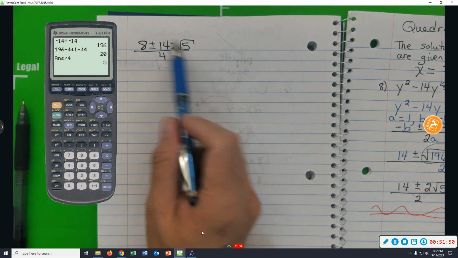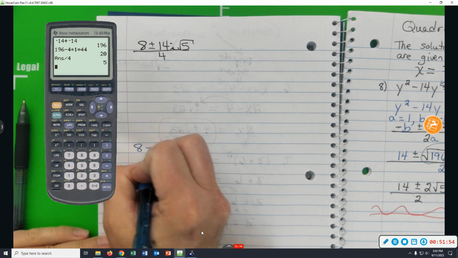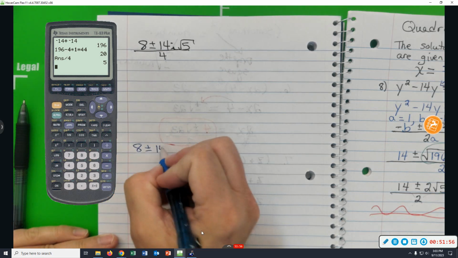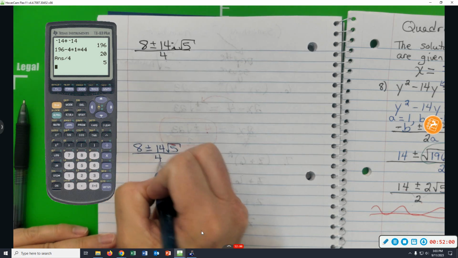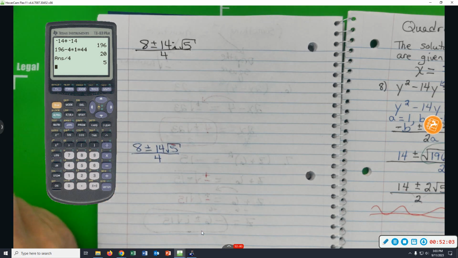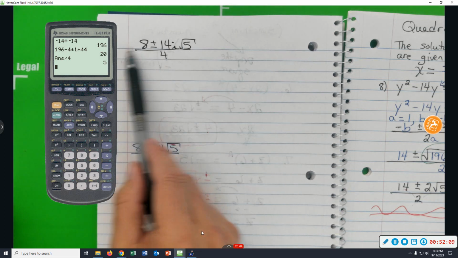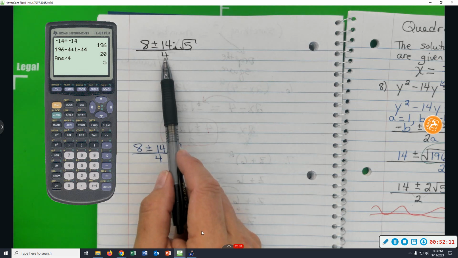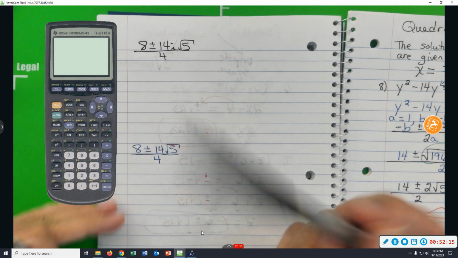Suppose you had gotten that answer without an i. Suppose you had 8 plus or minus just 14 square roots of 5 all over 4. If you have a fraction of this form, a complex number over an integer, our standard method of reduction was to separate. And that's what we're going to do.